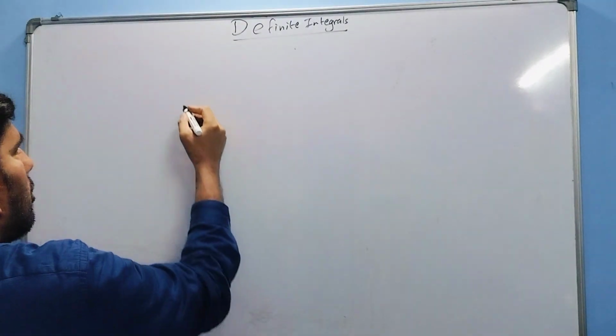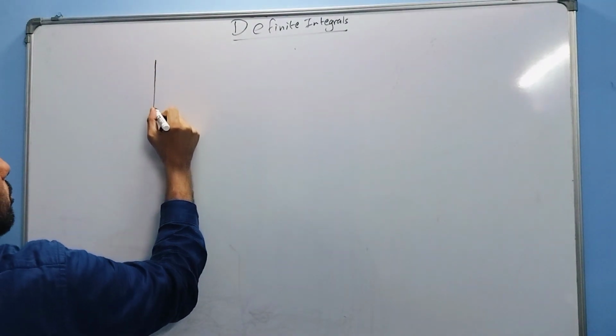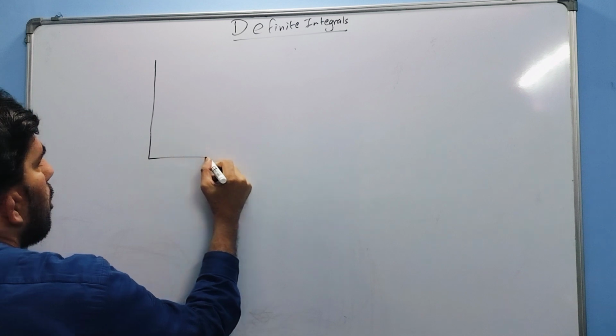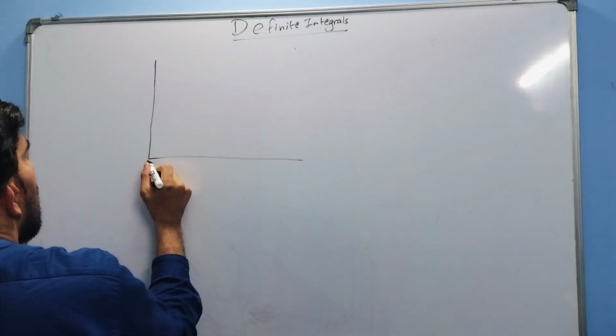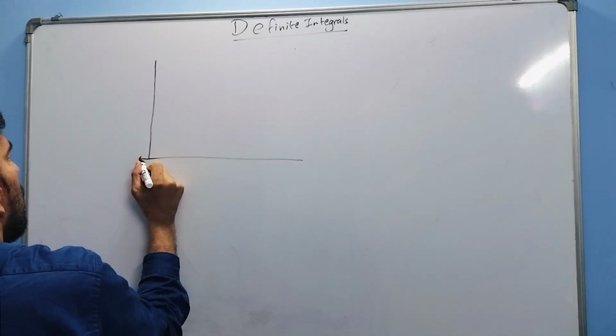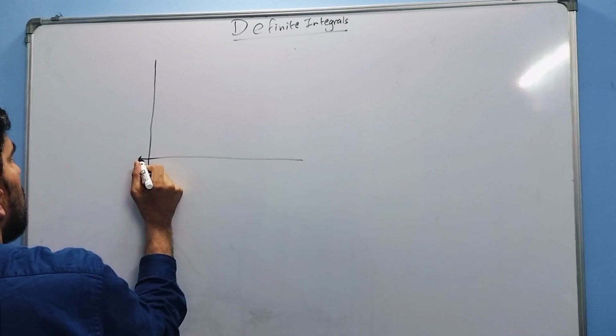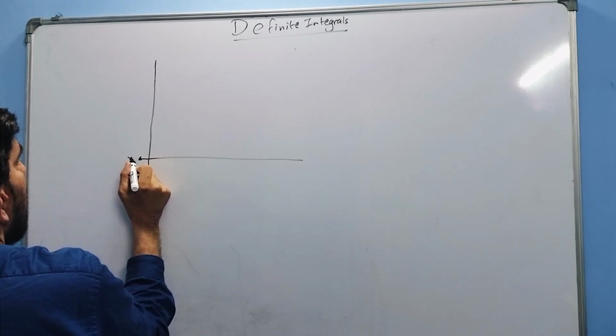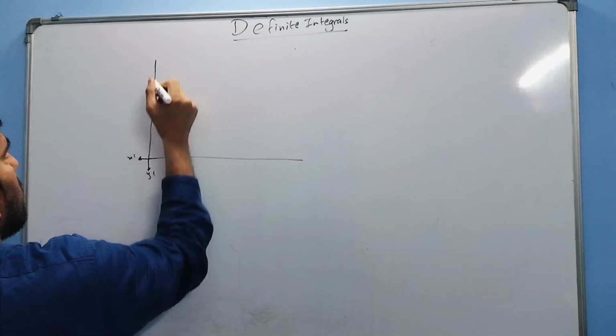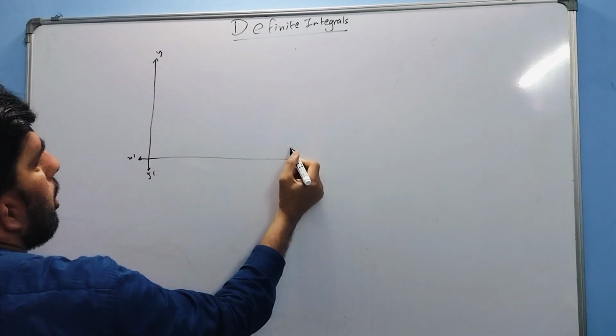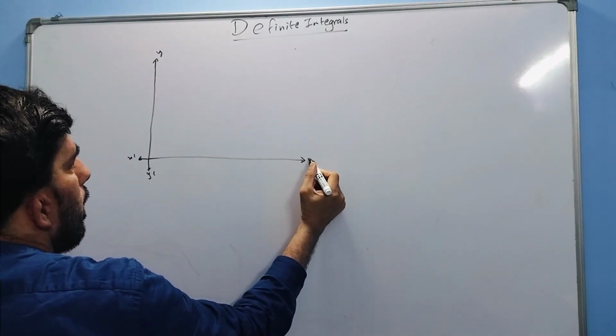Now we have this curve. So now we'll say this is a curve, that is, we have x' and y', it is y and x.